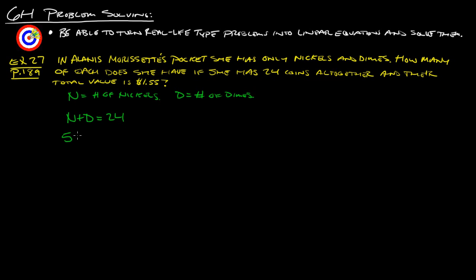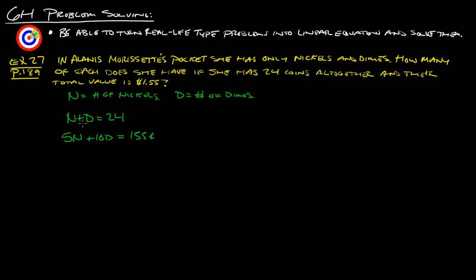So nickels are worth 5 cents each, so 5 times the number of nickels plus 10 times the number of dimes should equal, and since we're doing this in cents, we'd want to convert this into cents, so that would be 155 cents. Right? So here's our two equations.